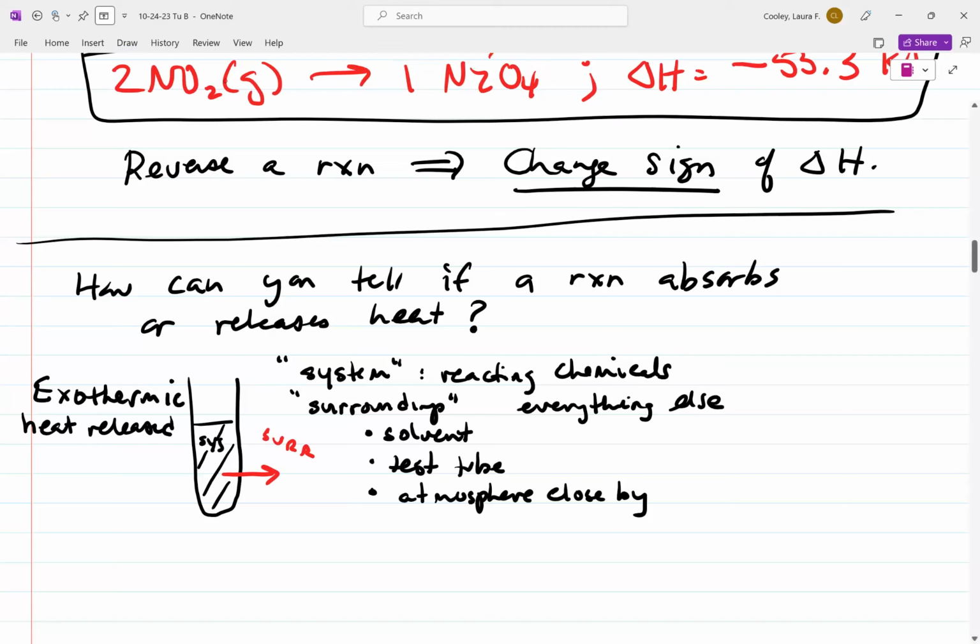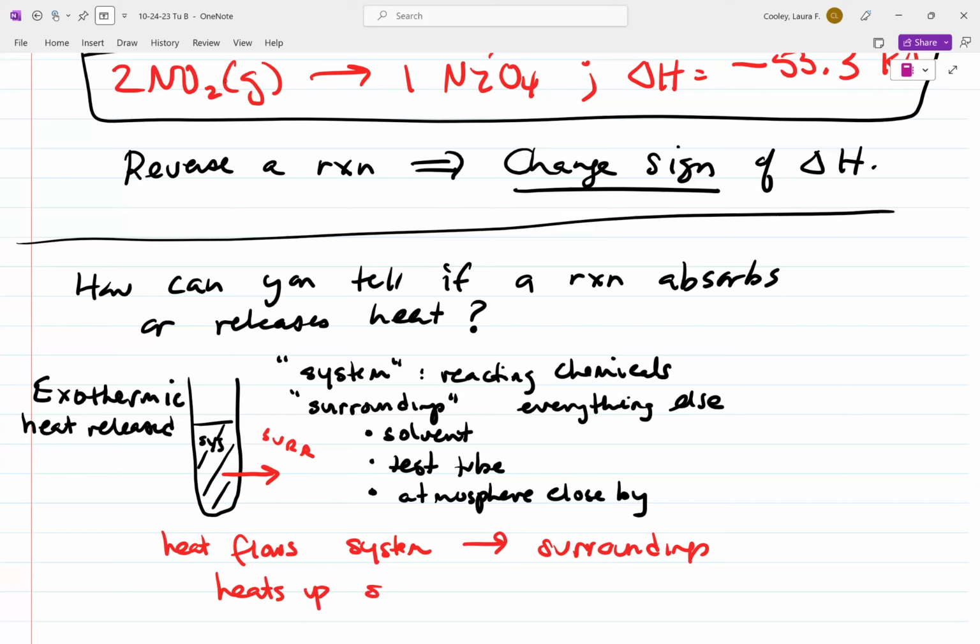So it heats up the glass, it heats up the solvent, right? Even if it's an aqueous solution, it heats up the water. The heat flows from the system to the surroundings. So it heats up the solvent, heats up the glass of the test tube. It heats up the air around it.